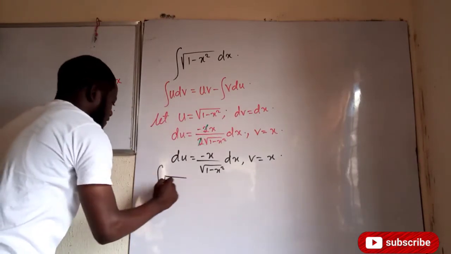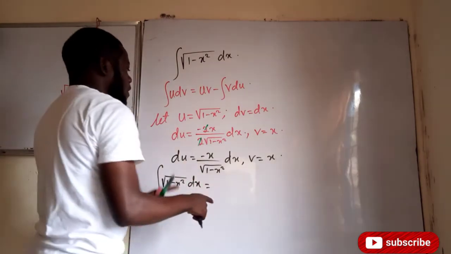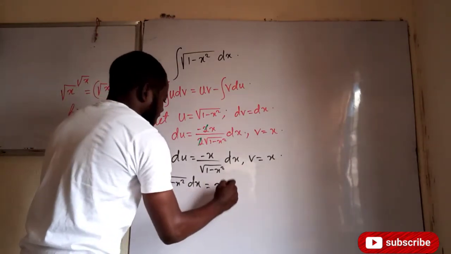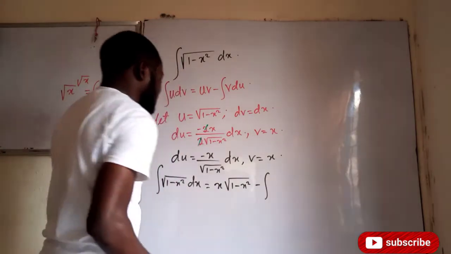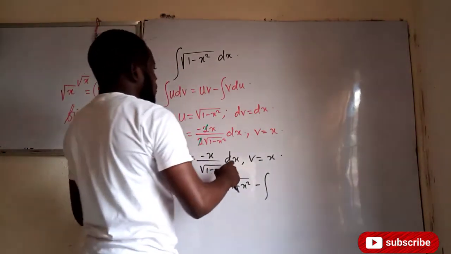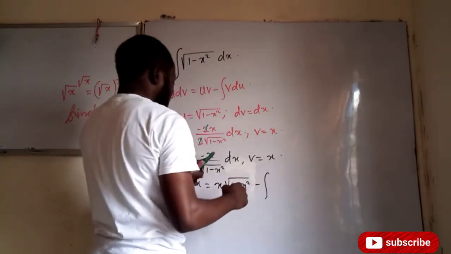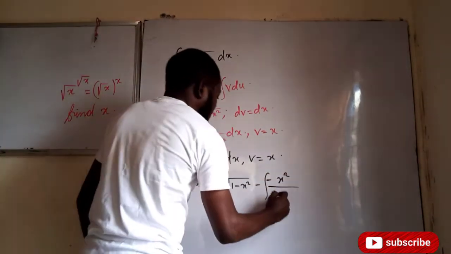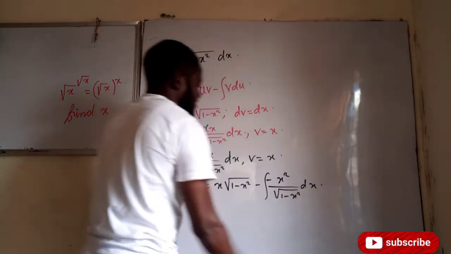So we have the question back, and this is equal to our uv. Our u is this, and this is our what? V. So we have what? X root 1 minus x squared, then minus the integral of v du. So that will be x times x. That will be negative x squared divided by the square root of 1 minus x squared dx.